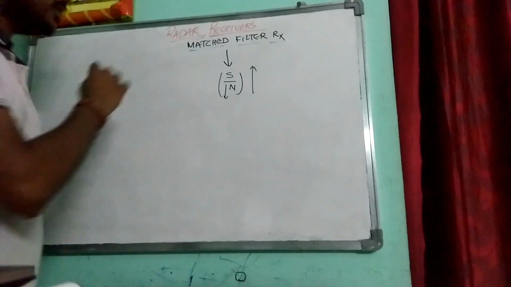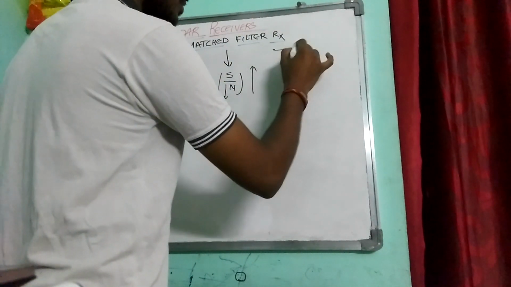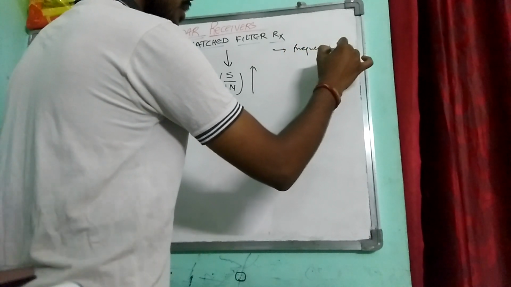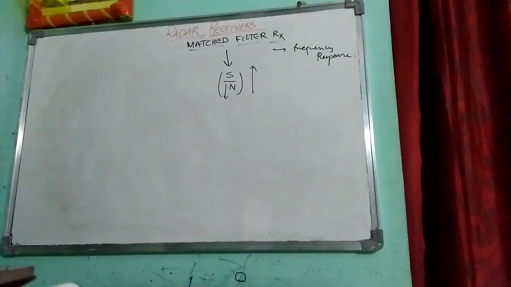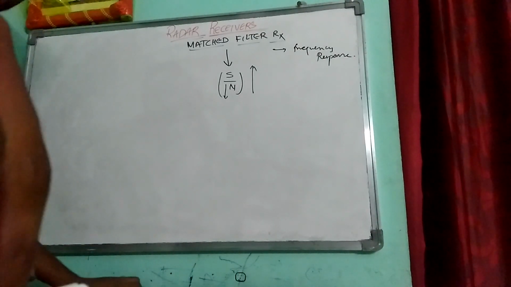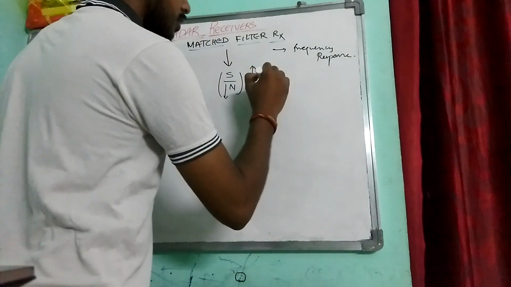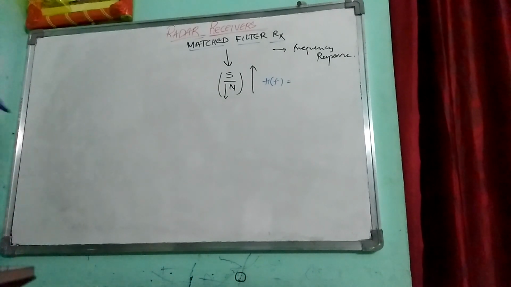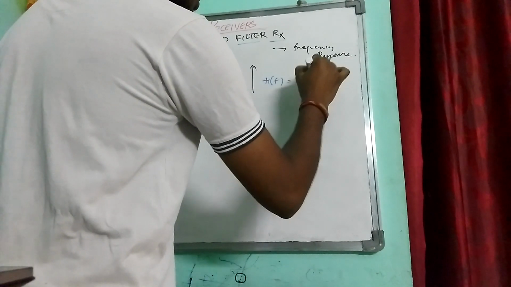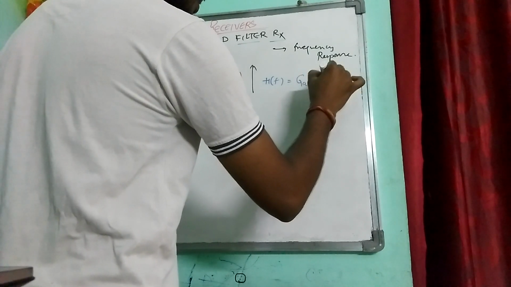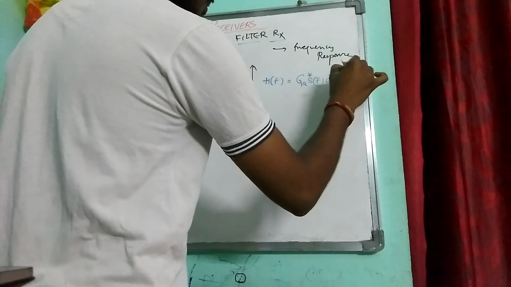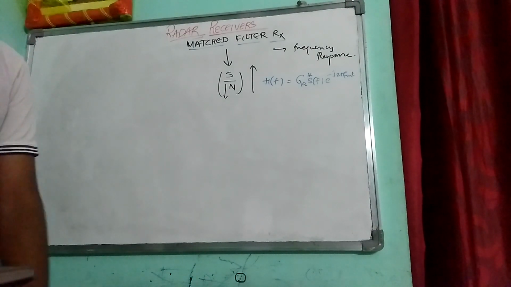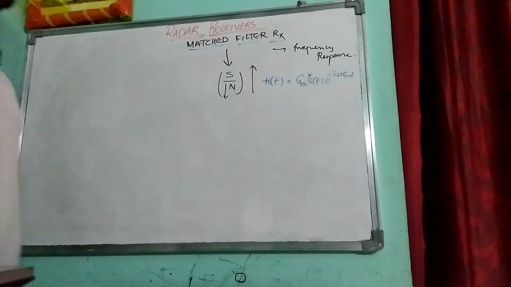Now, this matched filter has some frequency response. H of f is the frequency response, and it is given by G_a, a gain constant, times e power minus j 2 pi f t_m into S star of f.